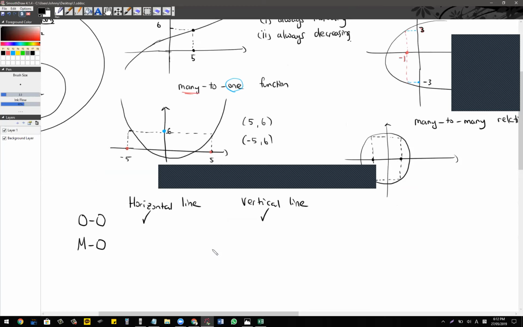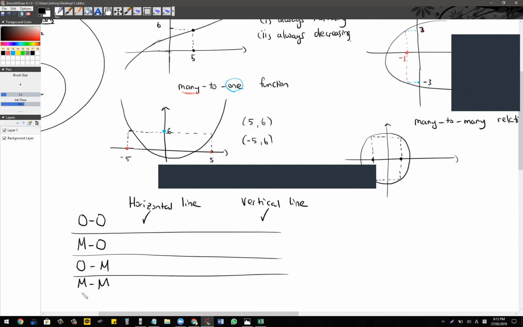I would like you to figure out whether this is a tick or cross, and you can try the one-to-many function and many-to-many function too. Maybe you can type the answer. So this is 1, 2, 3.